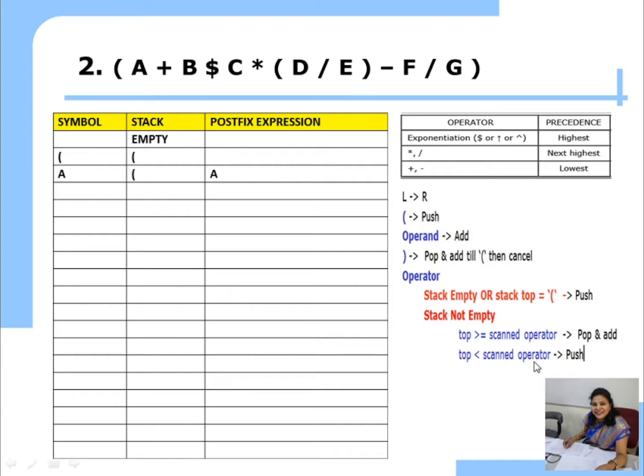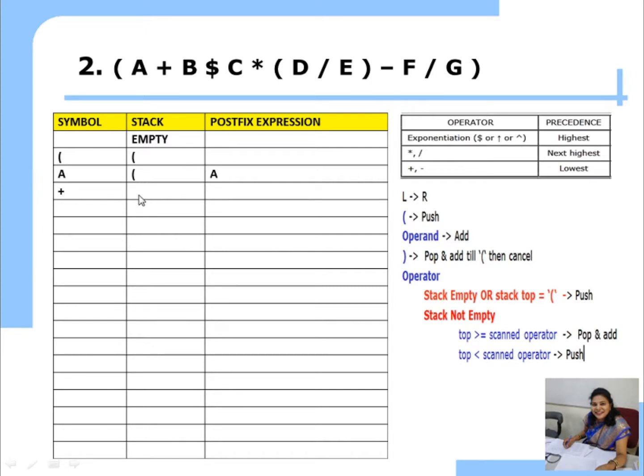The next character is plus. So plus is an operator. So if an operator is encountered, you have to check. There are three conditions. Your stack may be empty, or your stack top is having the left parenthesis, or your stack is not empty. So which condition is satisfied? Your stack top is having the opening parenthesis. See here. So what are you going to perform? Push. So push this operator onto the stack.